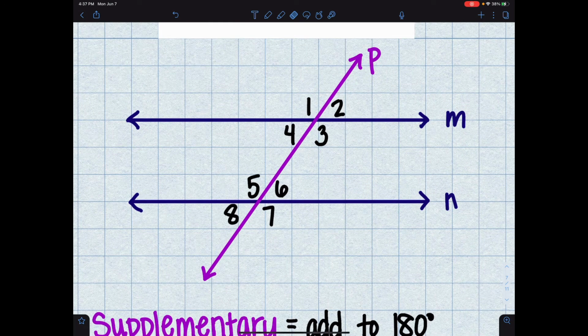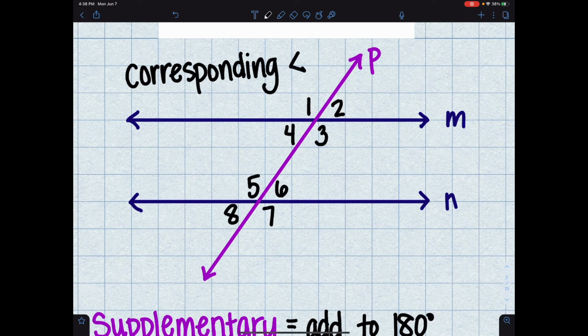Let me write the word corresponding angles. Okay, corresponding angles mean that they're kind of in the same position. So, for example, angle 1 is corresponding to angle 5.